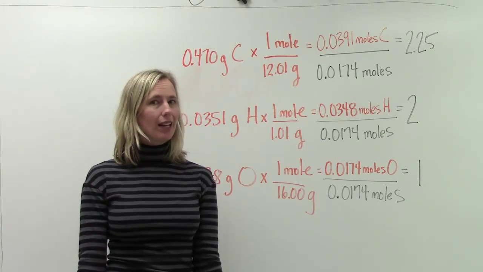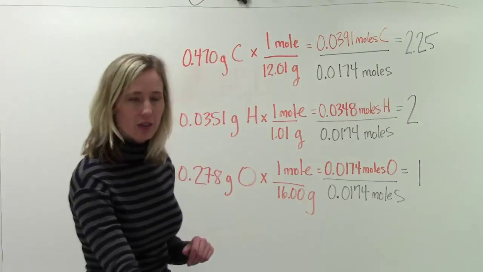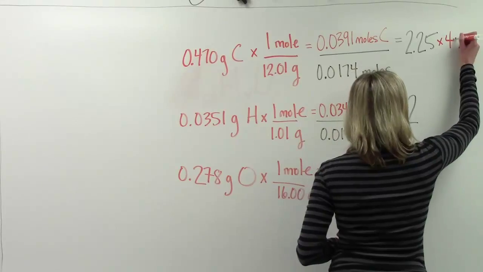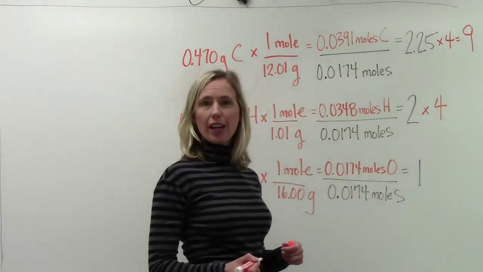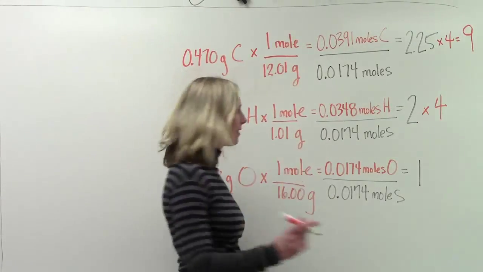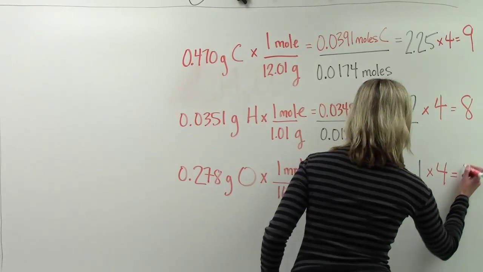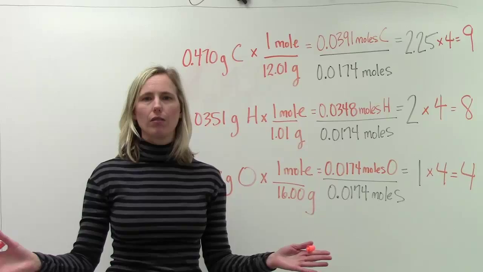And if I multiply it by the number 4, this will turn into a 9. Our hydrogen atoms now become 8. And our oxygen atoms become 4.